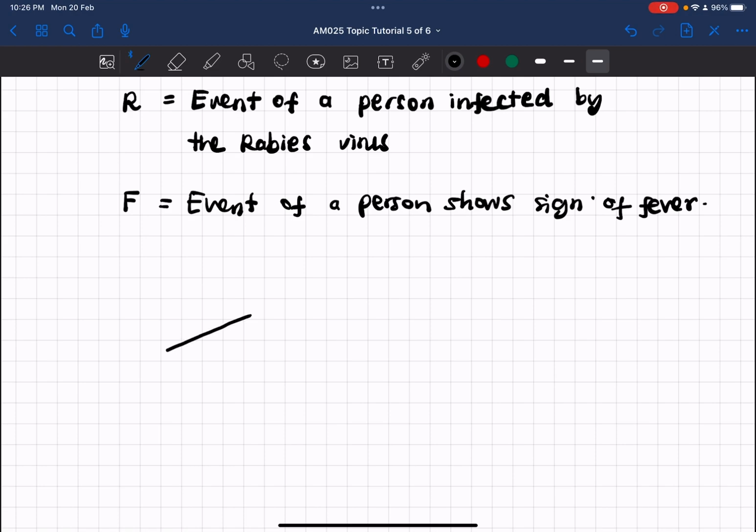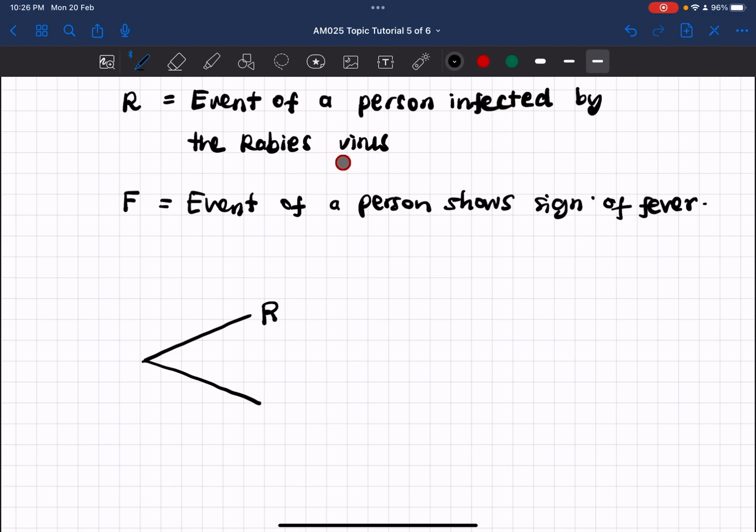For the first branch, we're going to put R, because the event of having signs of fever depends on the event of a person infected by the rabies virus.